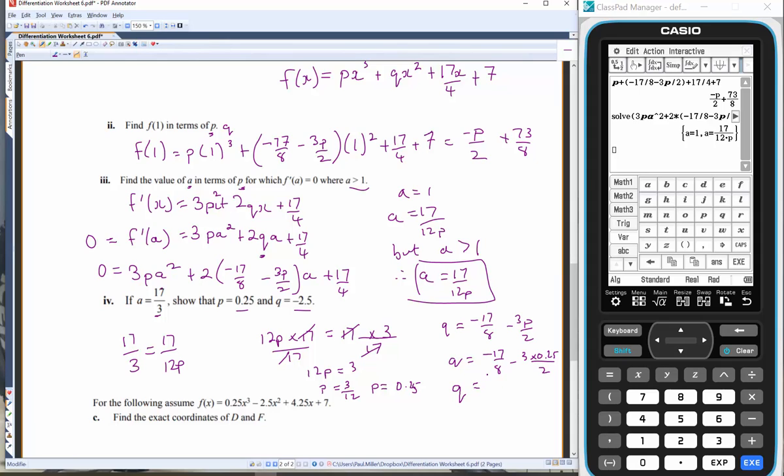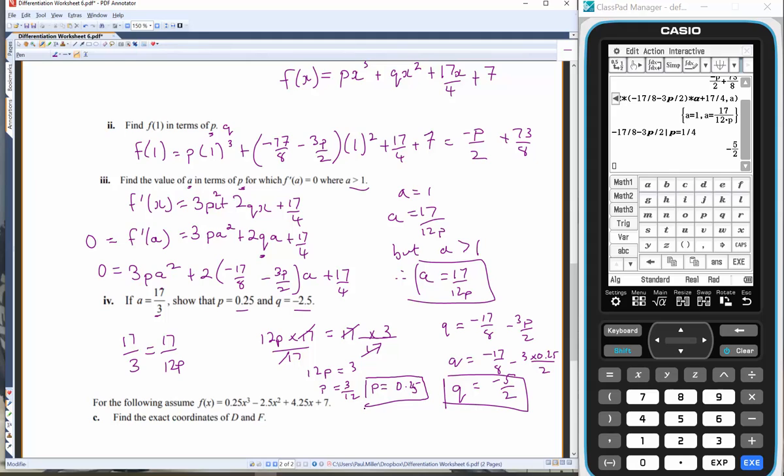Just going to grab this portion here and do it with p equals 1 over 4, and q equals negative 5 on 2. So there's q and there's p.